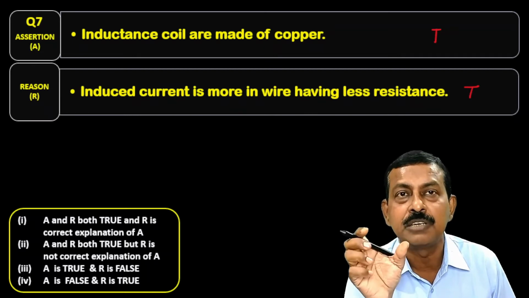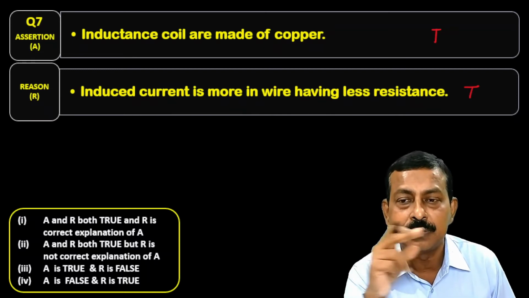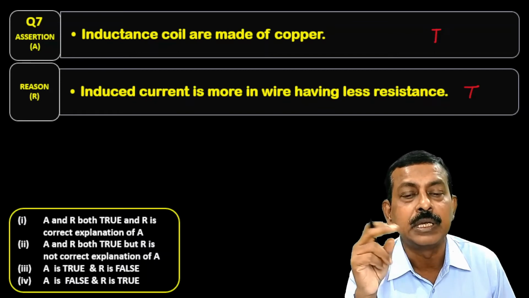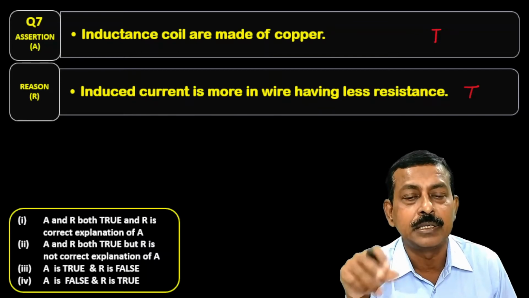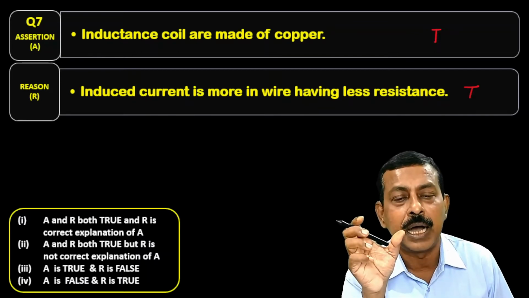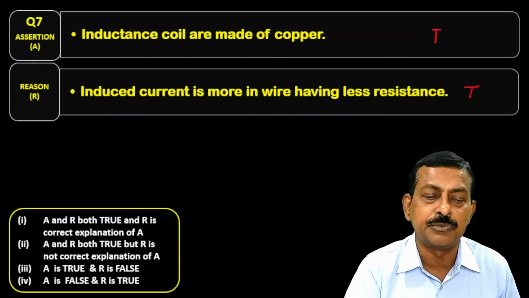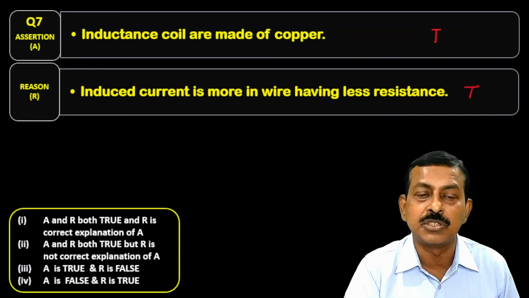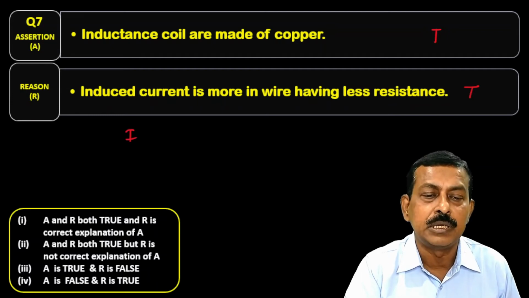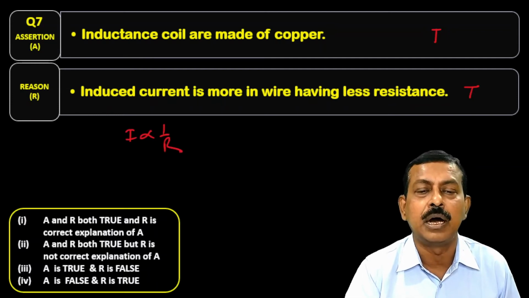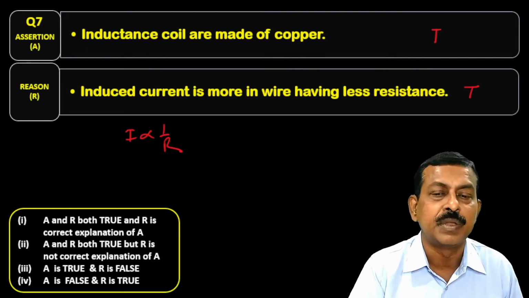If the potential difference is fixed and current is flowing, definitely there will be a high amount of current flowing if the resistance is less, because if V is constant, then I will be inversely proportional to R. So this is also true.